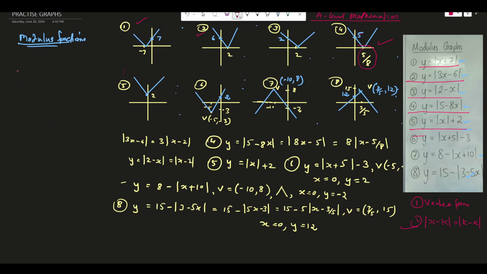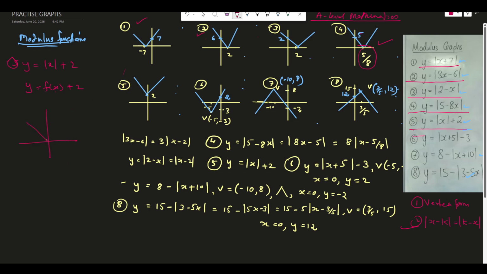So y is equal to, this is the fifth one we are doing, right? y is equal to modulus of x plus 2. So this is y is equal to f of x plus 2. Okay, so you know f of x is modulus of x. So first let us draw that graph.